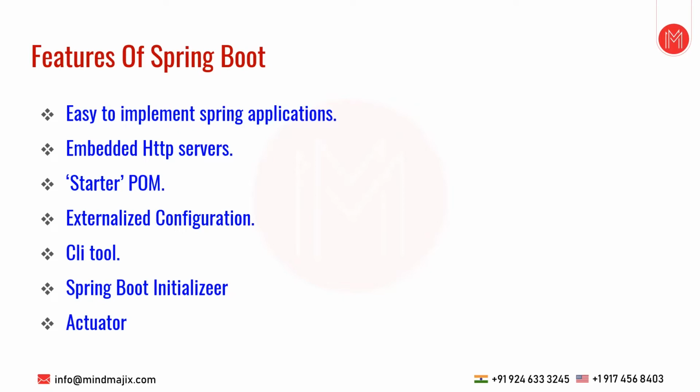But by using the Spring Boot starter POM or starter dependency feature, you can get all of these by adding only one dependency, that is the Spring Boot starter web dependency, in your pom.xml file. So instead of adding all these dependencies and worrying about their compatible versions, you just need to add only one.